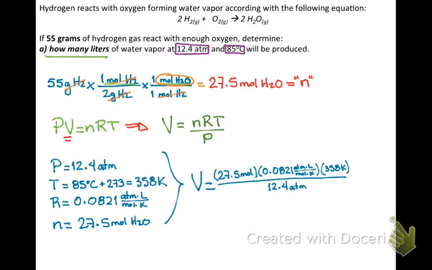atmospheres. So we cancel the units, moles with moles, atmospheres with atmospheres, Kelvin with Kelvin, and we have liters.